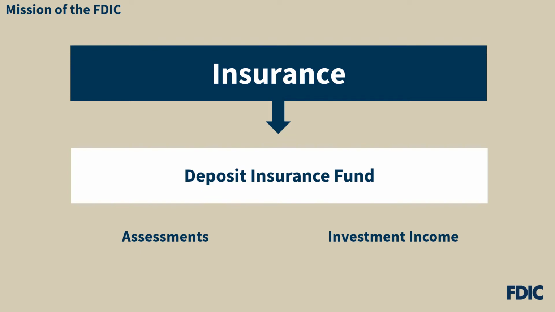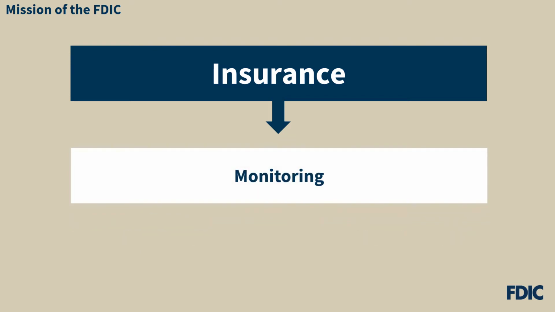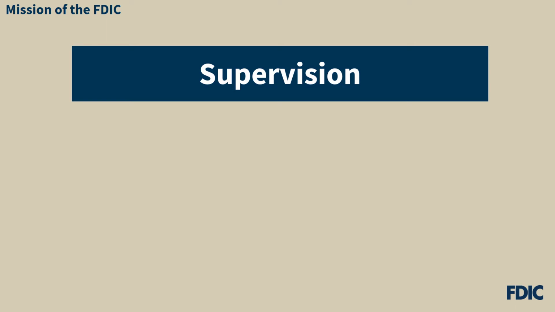The FDIC continually evaluates the adequacy of the DIF by identifying risks to the insurance fund. We do this by analyzing regional, national, and global developments. And when a bank does fail, we make sure that it is resolved in the least costly manner to the Deposit Insurance Fund. Under the supervision program, the FDIC has multiple goals.